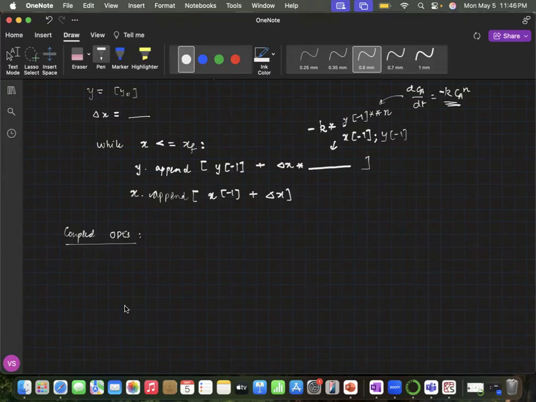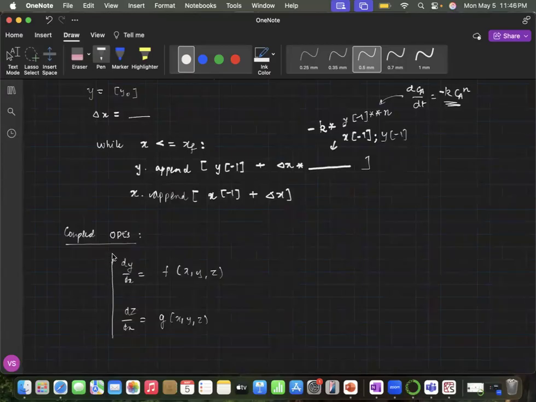So for example, if you have an ODE of this kind, dy by dx is equal to some function of x comma y, right? You could have another variable, say dz over dx, which is some other function of x, y, and z. So both of these could be functions of x, y, and z. And that makes these two ordinary differential equations coupled, right?